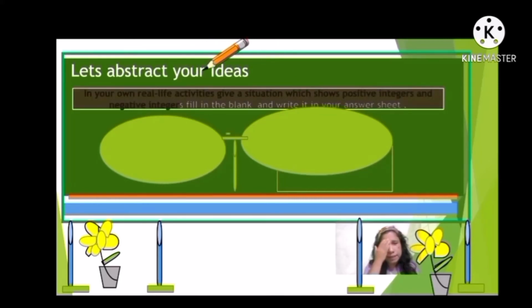Cool. Let's abstract your ideas. In your own real life activities, give a situation which shows positive integers and negative integers. Fill in the blank and write in your answer sheet.